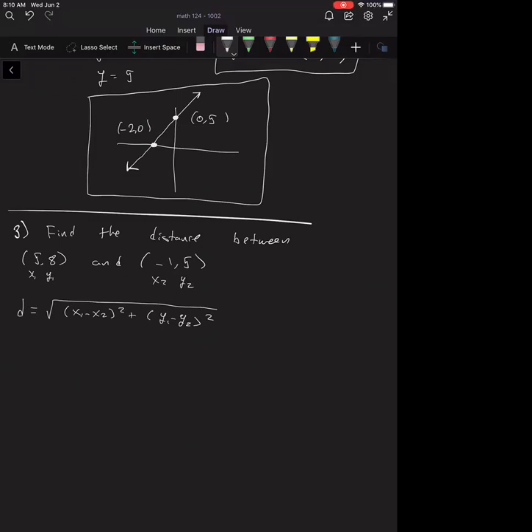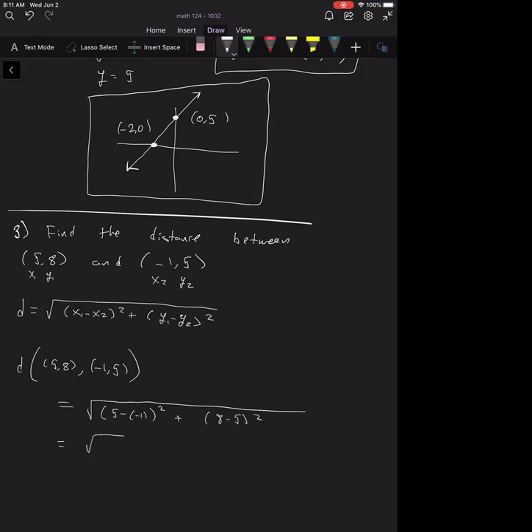So in our problem, the distance between the 2 points, 5, 8 and minus 1, 5. So this distance is going to equal the square root. So we subtract the x values. So 5 minus negative 1. So x1 minus x2, squared, plus, and now let's subtract the y values, 8 minus 5 squared.